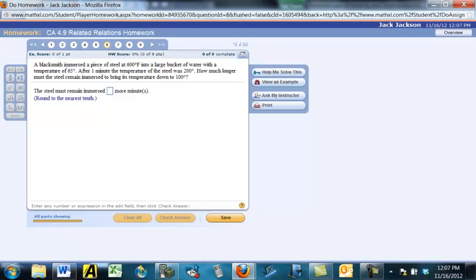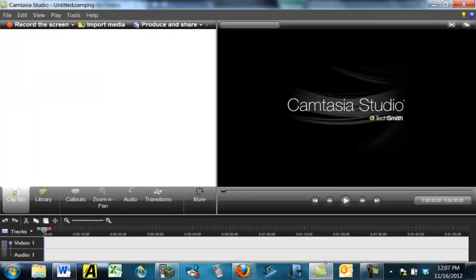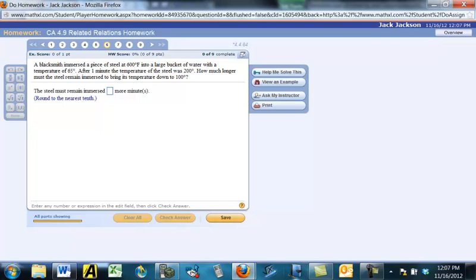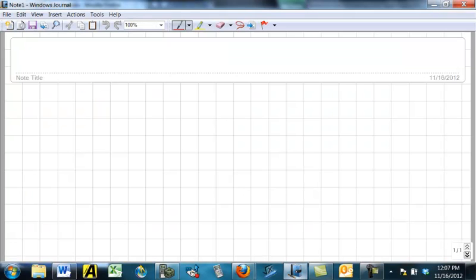Now if we assume the temperature in the bucket stays 65 degrees, then this will work. In reality, if you stick that hot piece of steel into a bucket, the water's not going to stay 65 degrees. But let's pretend that the temperature is going to stay the same.